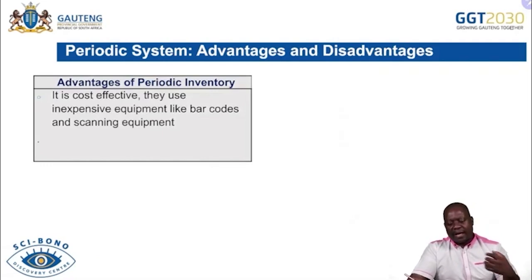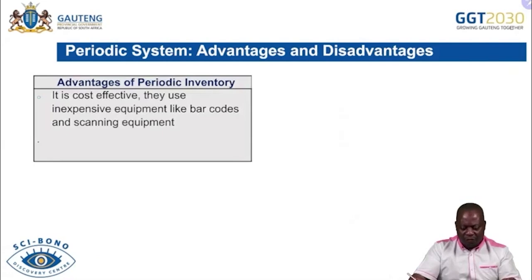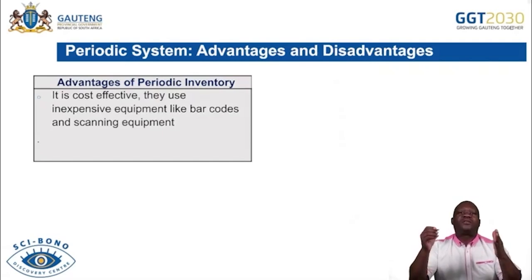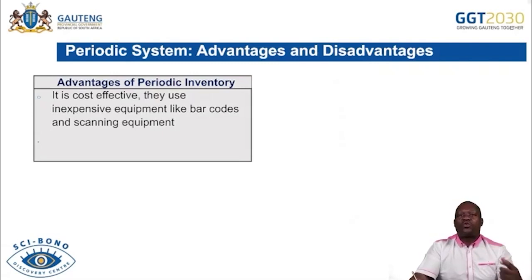Now, what are the disadvantages of this same method? Control of stock is not very effective. Think of a business where we are having our stock items in our storerooms, in our warehouses, in our shops for the whole year without us knowing exactly what we are having there.